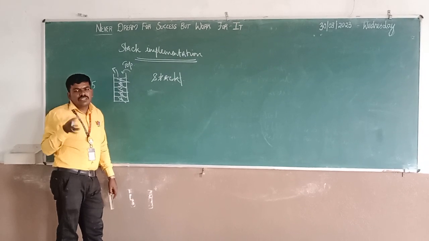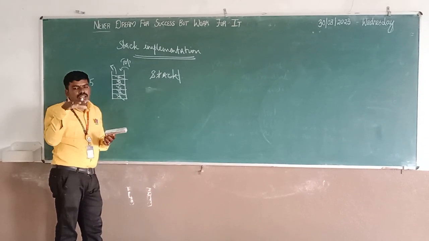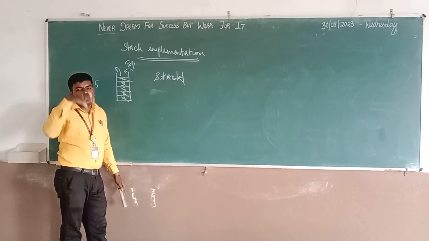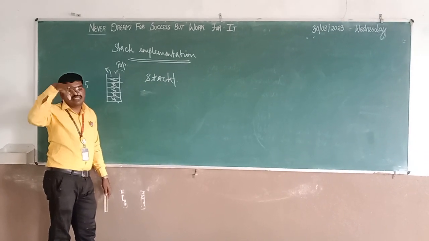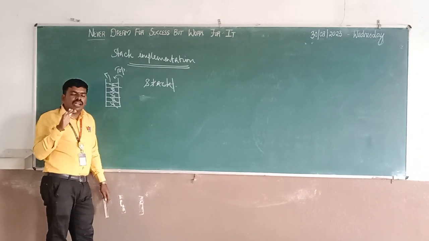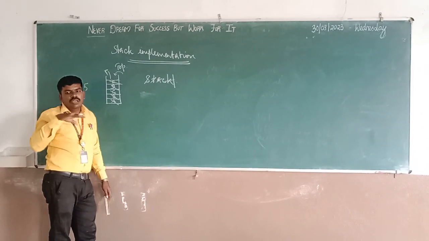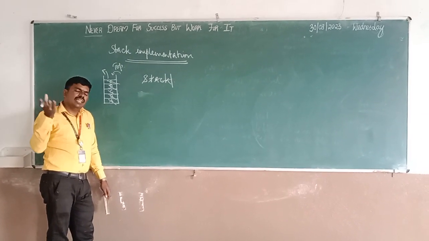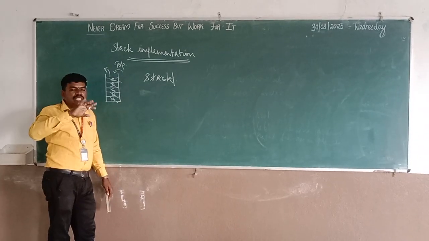And simply, we store something, like some snacks, some pencils, or some books, in one container. That container has only one opening, so in the same way we can insert and remove.